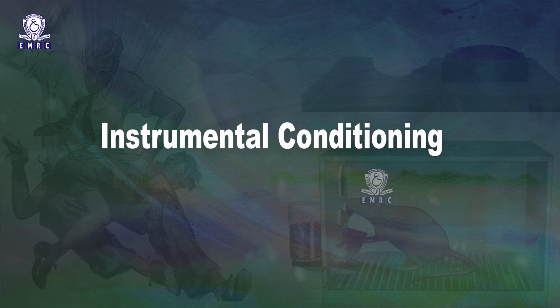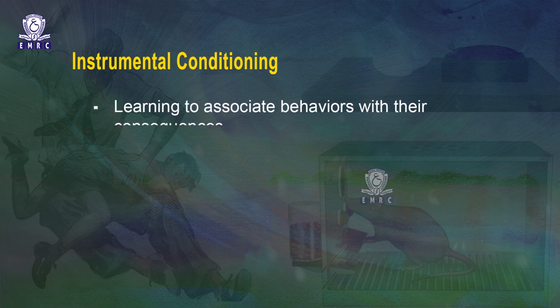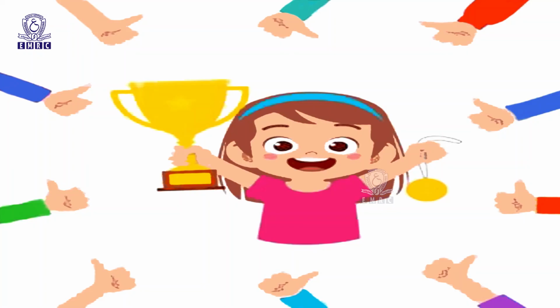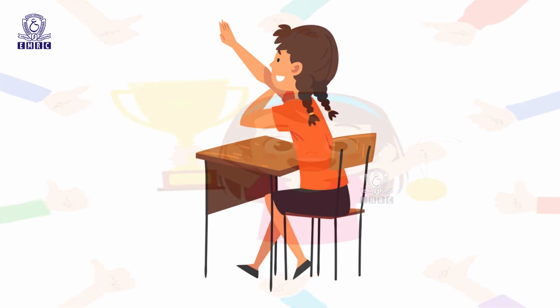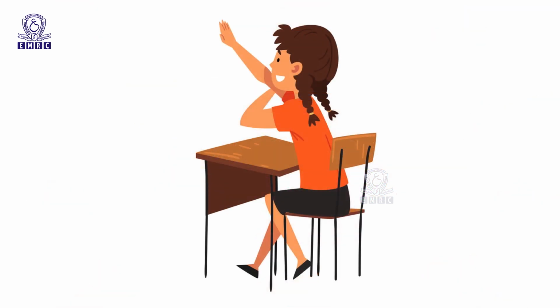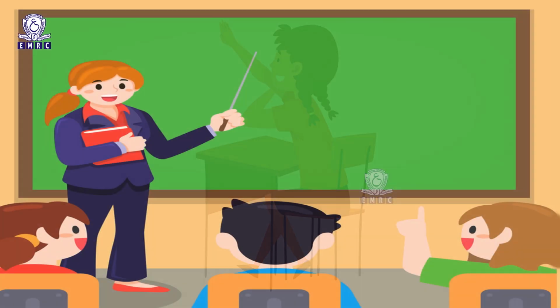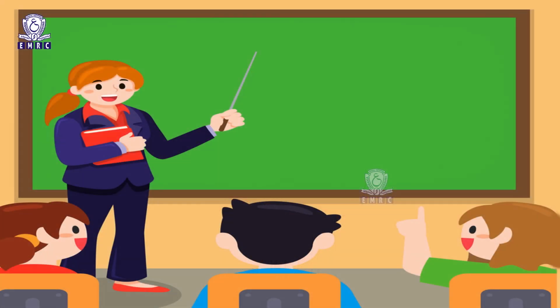In this section, we will consider another important type of conditioning, which is instrumental conditioning, that is, learning to associate behaviors with their consequences. Suppose a student is rewarded with praise every time she raises her hand in class, she becomes more likely to raise her hand again in future.